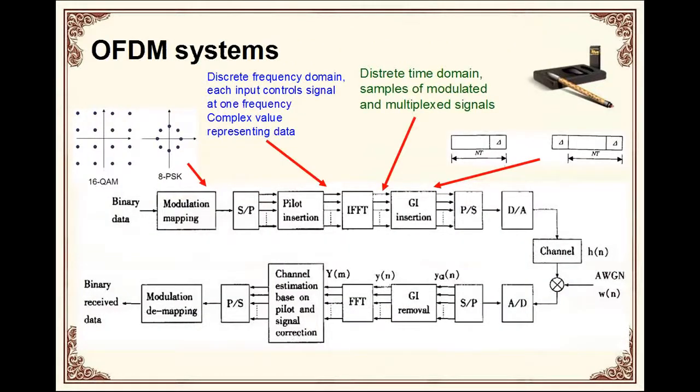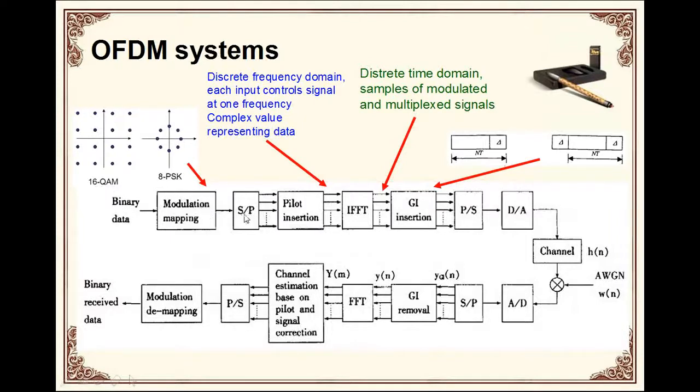Here, let's look at how an OFDM system works. The original binary data is input into the modulation mapping module. There are many different kinds of modulation schemes, such as PSK and QAM.